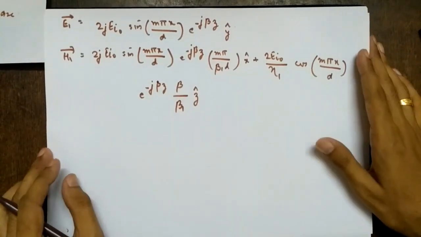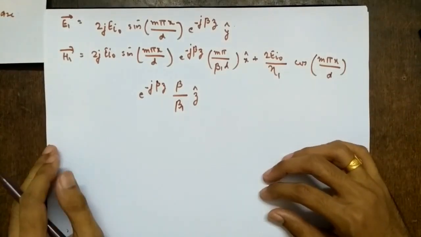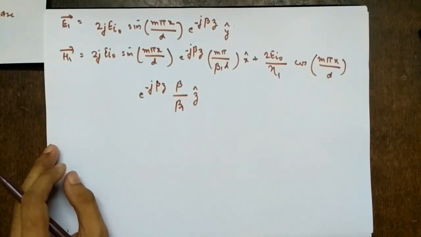So these are our final equations for electric field and magnetic field for the parallel plane waveguide.